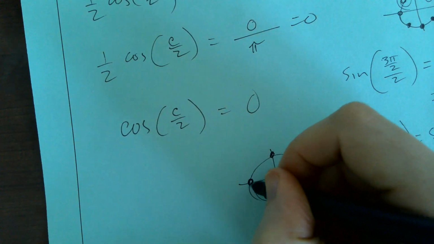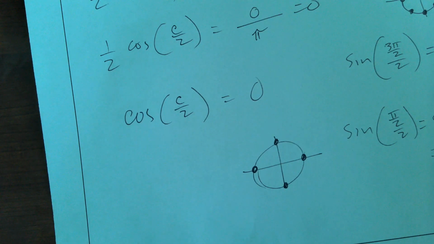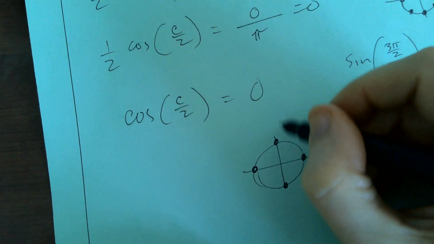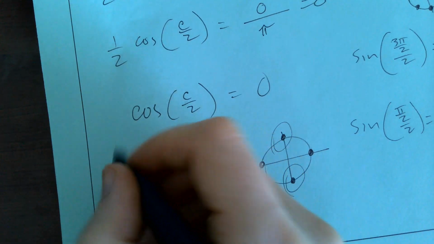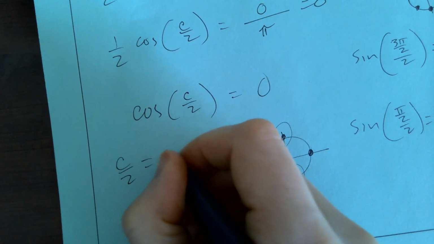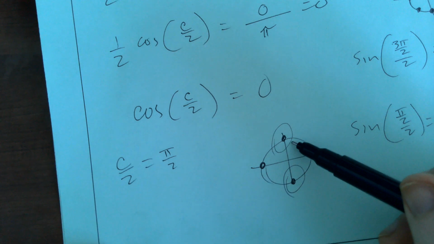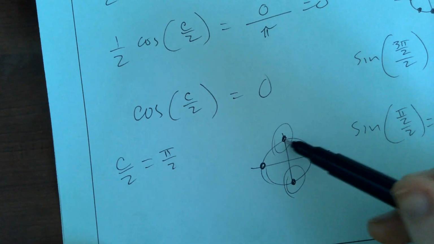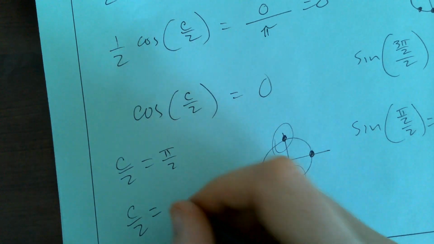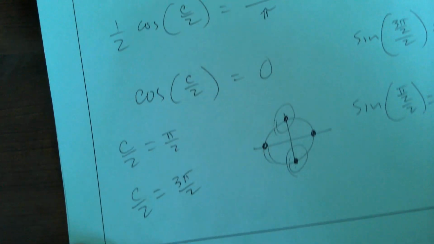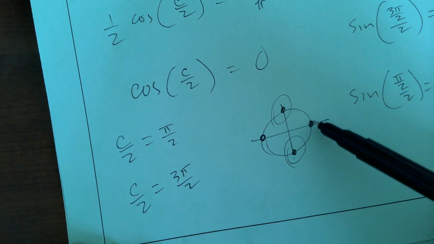So guys, cosine is the x-coordinate. So if cosine is 0, then we're at one of these two points. So that means that c over 2 is pi over 2, which would bring us to this top point, or c over 2 is 3 pi over 2, which would bring us to that point.